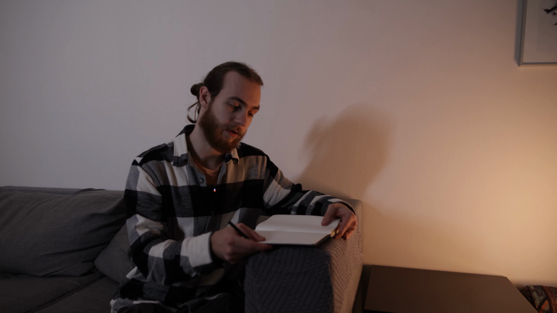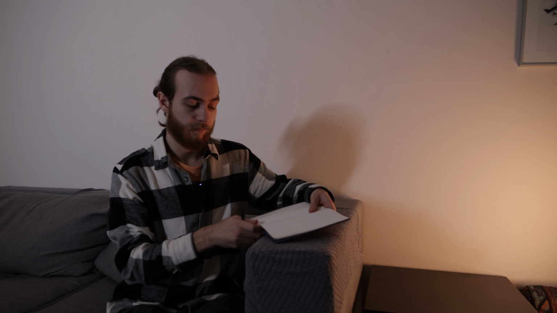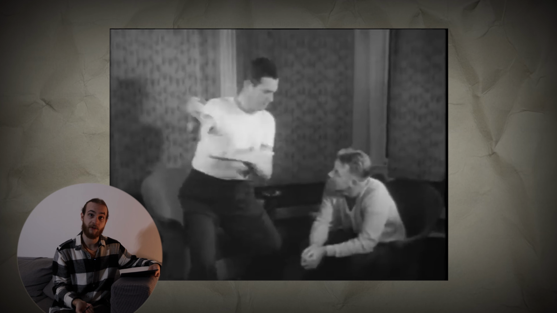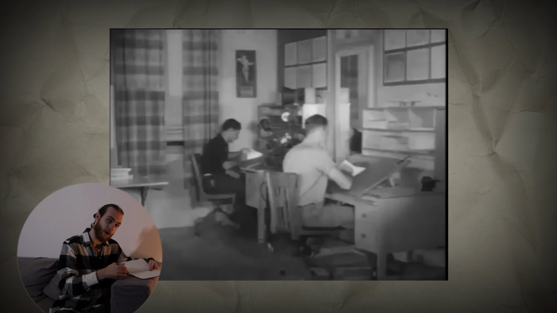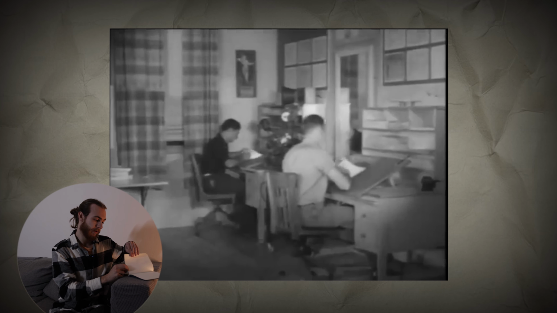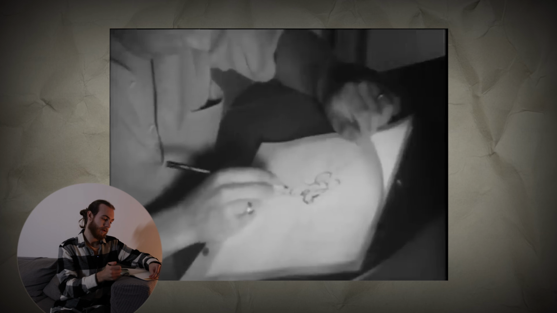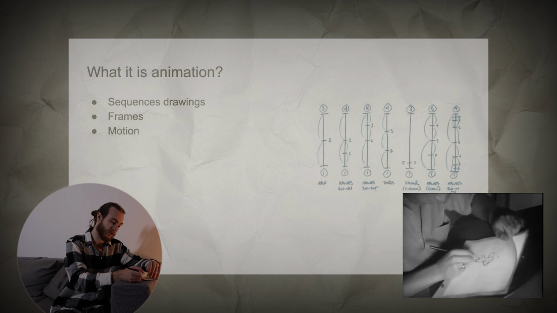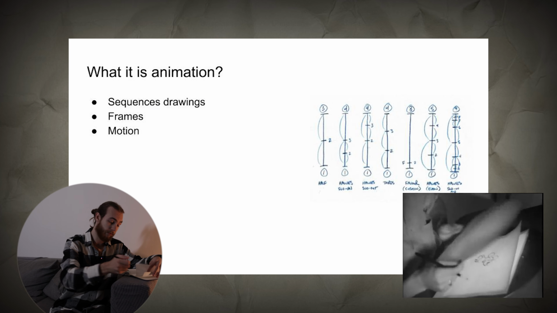So, the animation is a sequence of drawings, or individual frames, that come one after another and form the motion. So there's an example. We have a ball. Next frame, the ball is smashed to the ground.